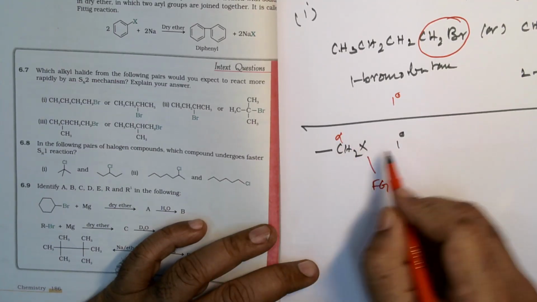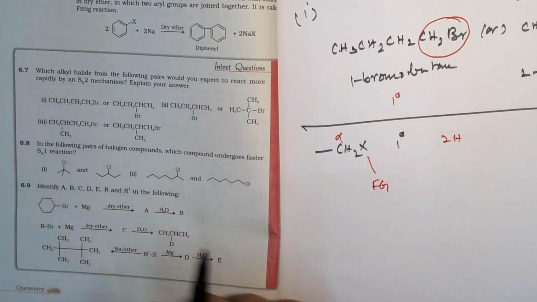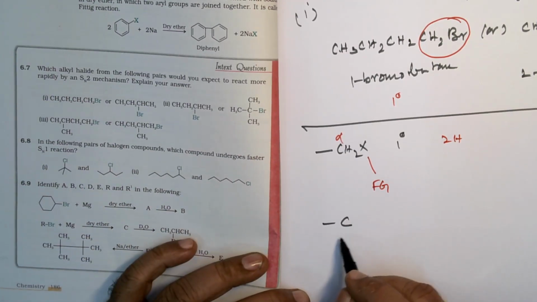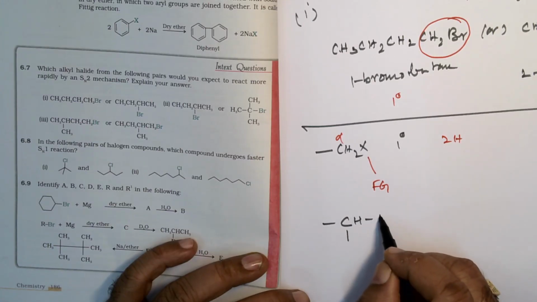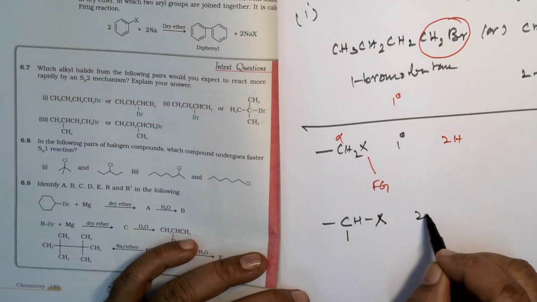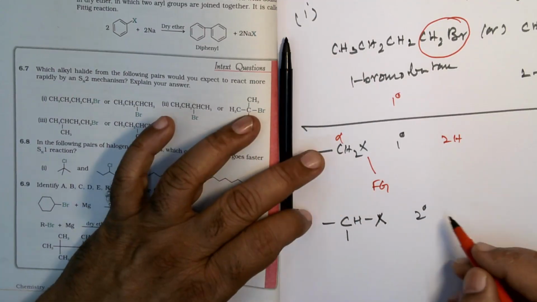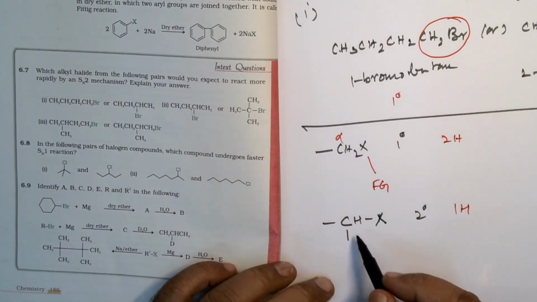So when the alpha carbon atom has 2H, it is called primary. Are you able to follow? When the alpha carbon atom has CH only, so here you have halogen. So in that case, it is secondary. Do you know why? Because you have got only one proton, one H.